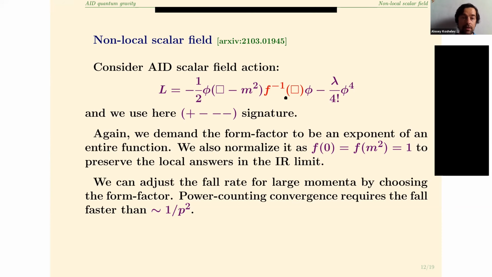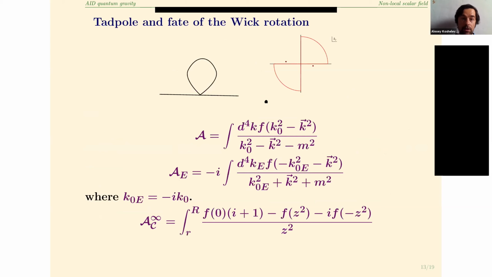So the point is that yes, we have avoided poles in the propagator, but we did not avoid the essential singularity at infinity. And the question is how we deal with this. And this is a trivial tadpole graph, in which we try to see whether Wick rotation, canonical Wick rotation works. And apparently it doesn't.